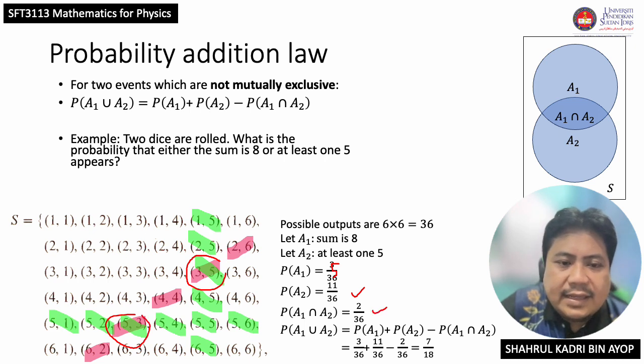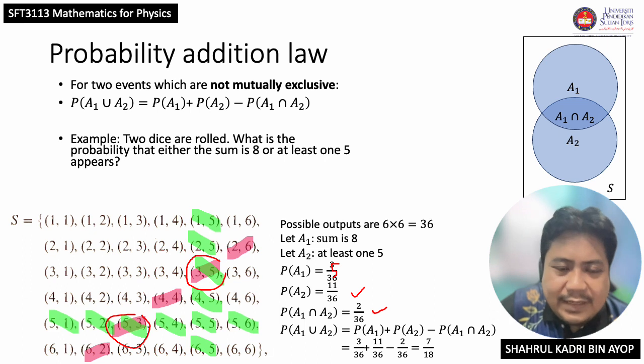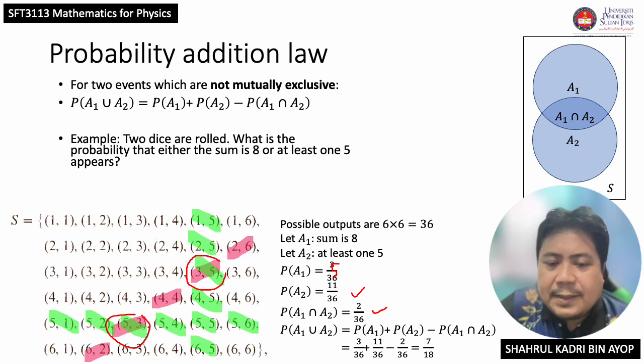Then the union of these events to occur is this plus this, but now you have to subtract this element, which is the intersection of A1 and A2. We can represent this by this Venn diagram, where you have these two elements inside the intersection.